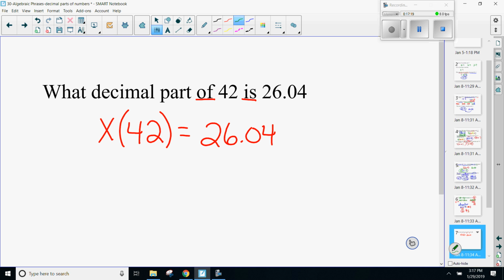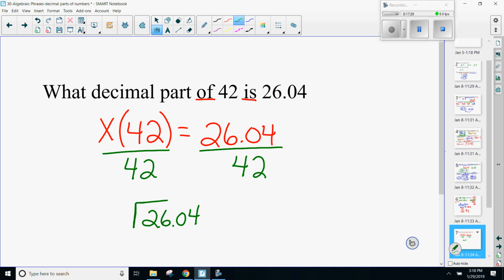So we're going to divide both sides by 42. So you're going to take 26 400ths and divide by 42. This is a whole number, so your decimal point just goes straight up. 42 goes into 260 how many times? 6. 6 times 2 is 12.